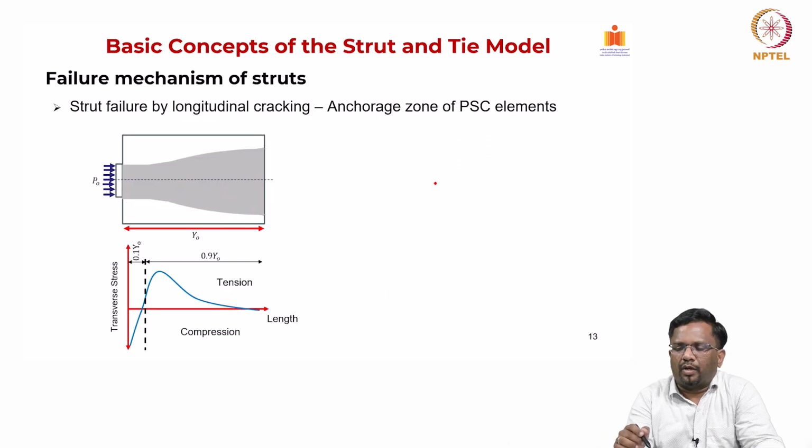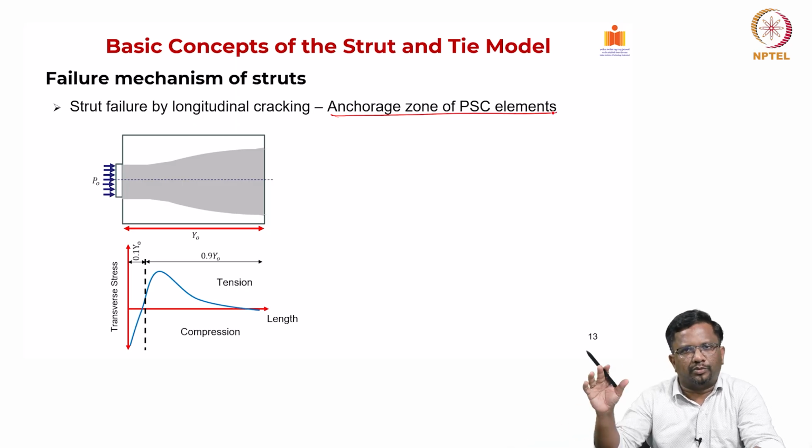Now, strut failure by longitudinal cracking is very common, and we have also studied it in the anchorage zone design, right. The design of disturbed regions where post tension anchorages are placed.